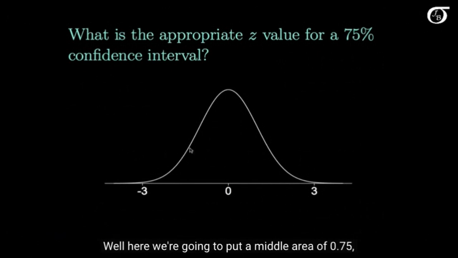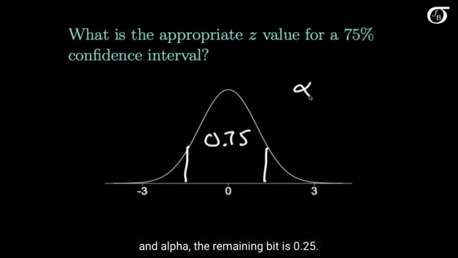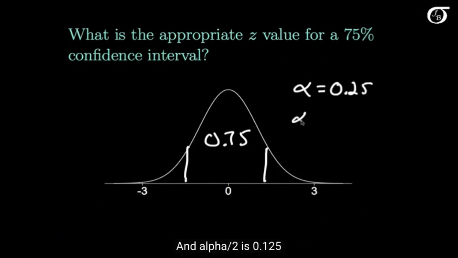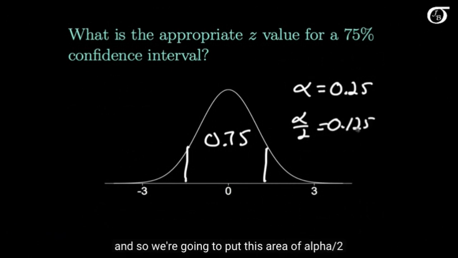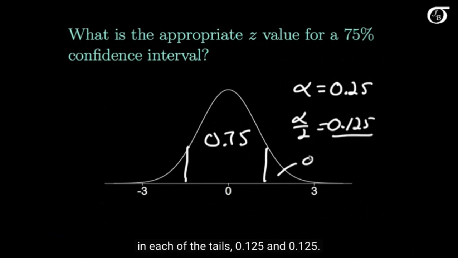Well, here we're going to put a middle area of 0.75. And alpha, the remaining bit, is 0.25. And alpha over 2 is 0.125. And so we're going to put this area of alpha over 2 in each of the tails, 0.125 and 0.125.